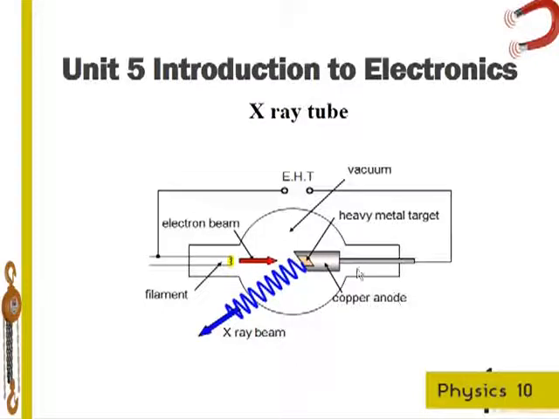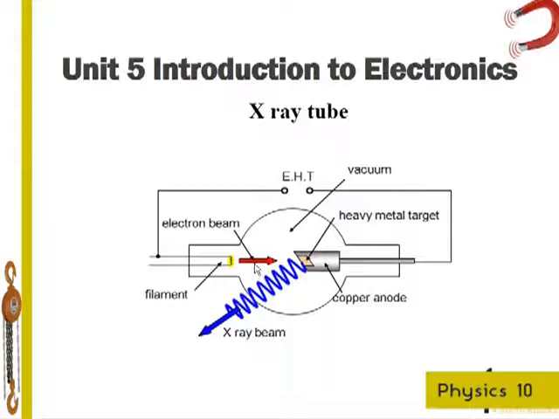And then you can see that this side over here in the actual tube is a copper anode, so that's attracting the electrons. So essentially what we have in an X-ray tube is the generation of electrons from a cathode which is being heated up. And these electrons are then being attracted to an anode which is positive, in this case a copper positive anode.